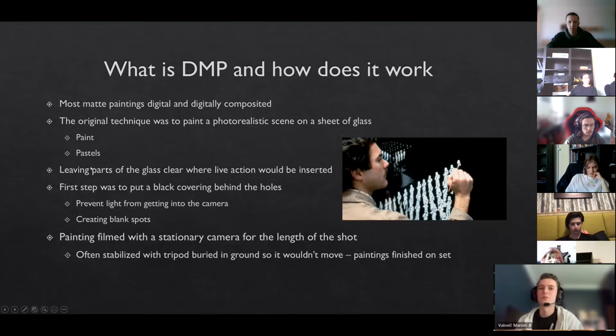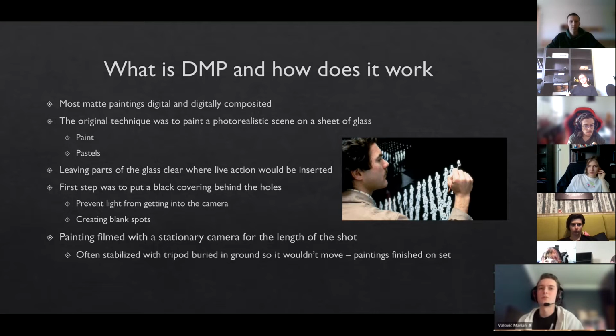And the first step during this process was to put a black covering behind the holes. So there was a shot that was set, the camera was on tripod, everything was prepared, and the director, together with matte painter, decided where the extras and the actors and the whole scene would be set, and other parts would be covered in black, so that no light would go into film or the camera.